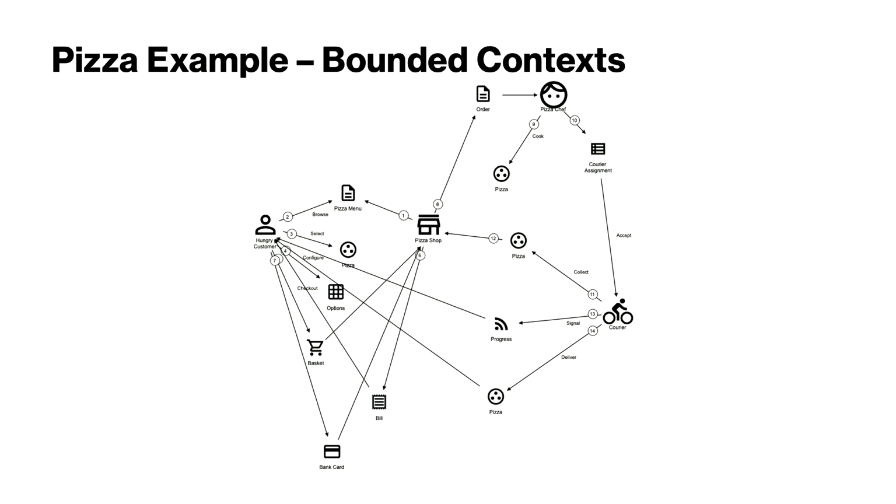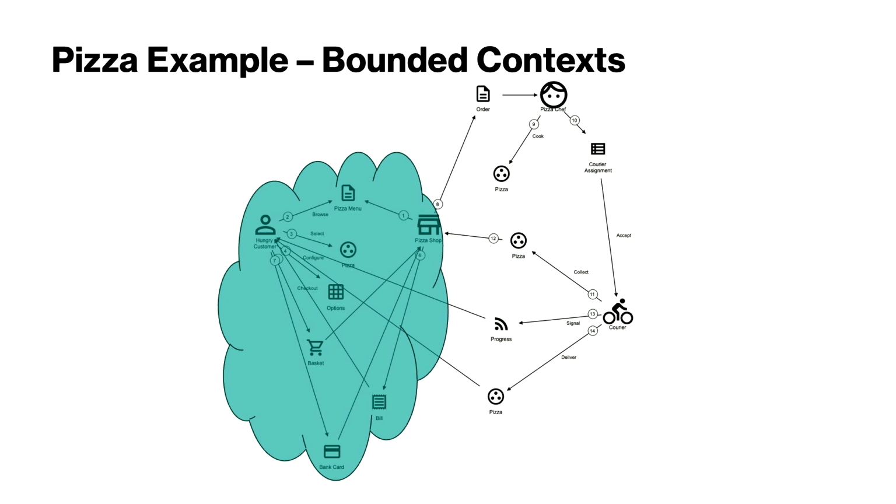So we can look at this example again, and actually the BPMN diagrams we drew give us quite a strong hint. We can think about having separate bounded contexts around really your shop, where effectively you're configuring, ordering, and placing pizzas and paying for them. You might separate out payment, right? But it's too simple an example here. But in reality, you could. Your kitchen, effectively, where your kitchen is cooking pizzas, taking orders, arranging for couriers.